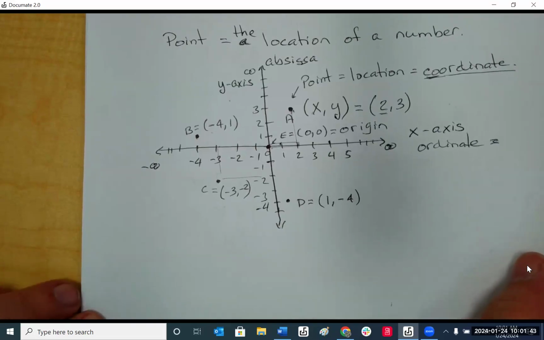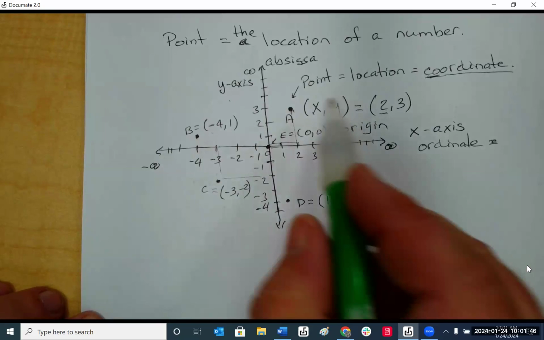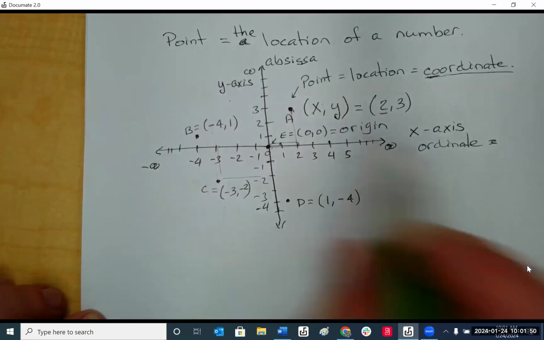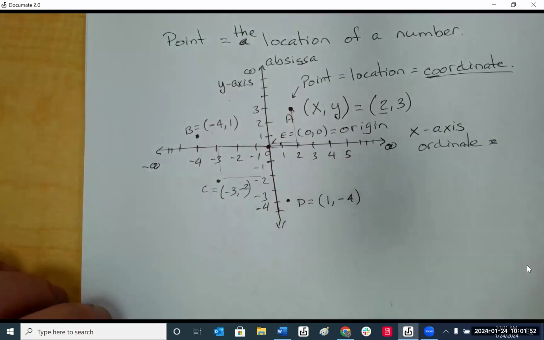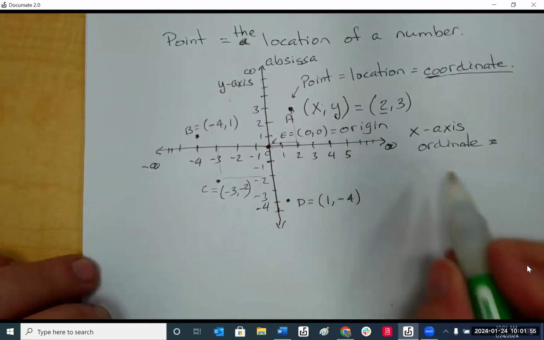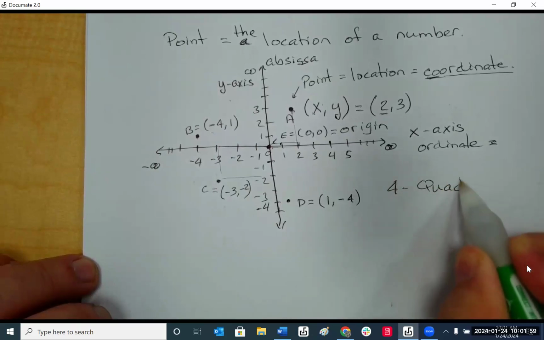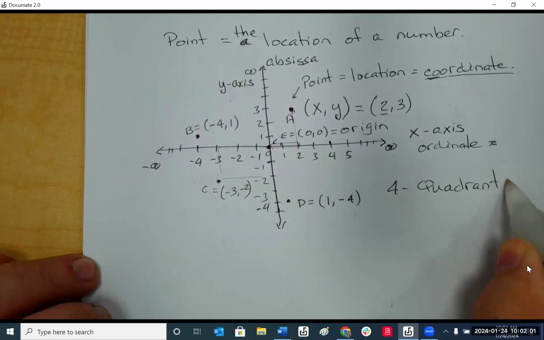So far, so good. You've all seen this before. Now we have 4 of these things. What are they called? You have 4 corners. What are they called? Quadrants. We have 4 quadrants.